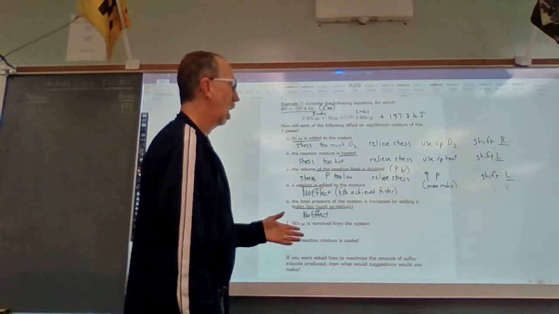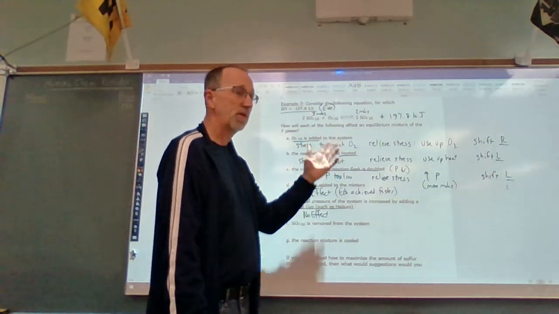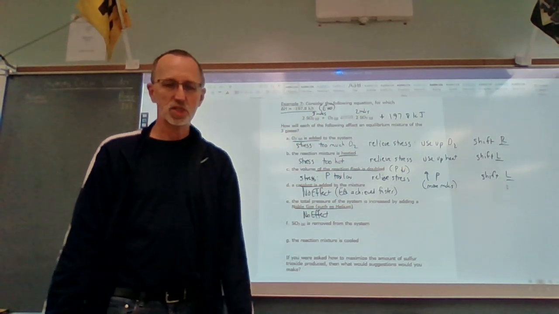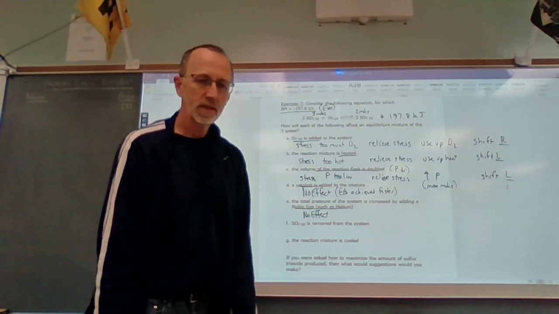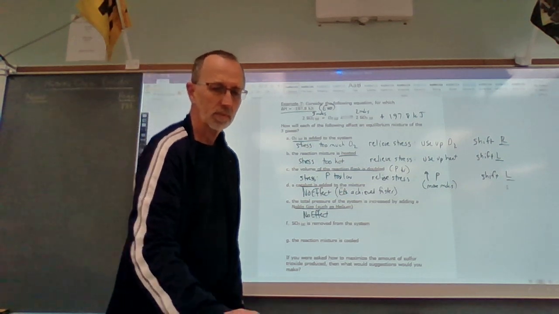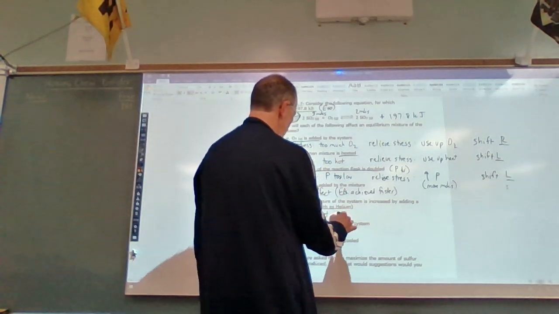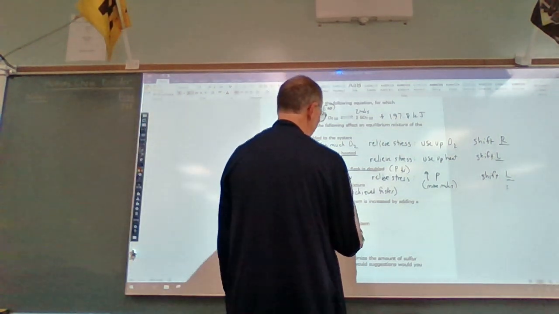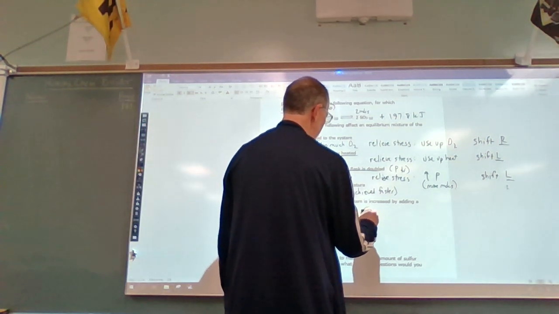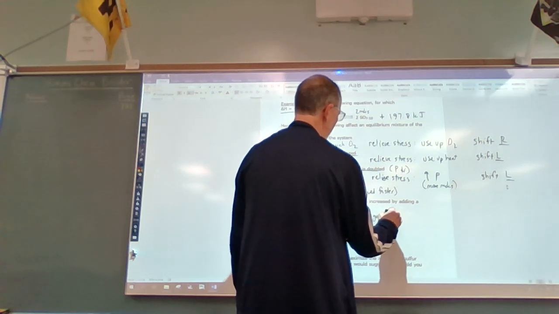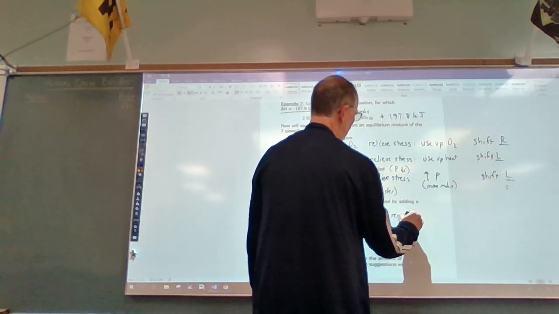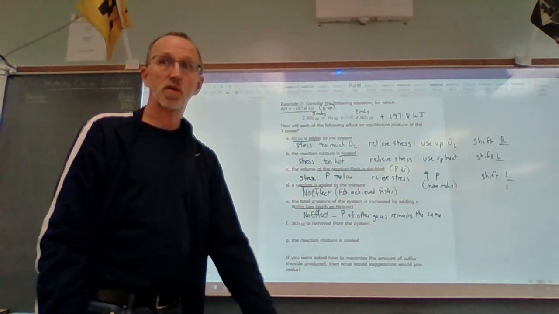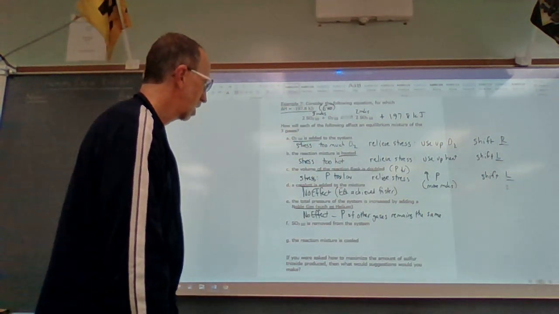And so their pressures remain unchanged, and so the ratio of their pressures remains unchanged as well. All right? So no effect there. The pressure of other gases remains the same. And so there is no change in equilibrium.